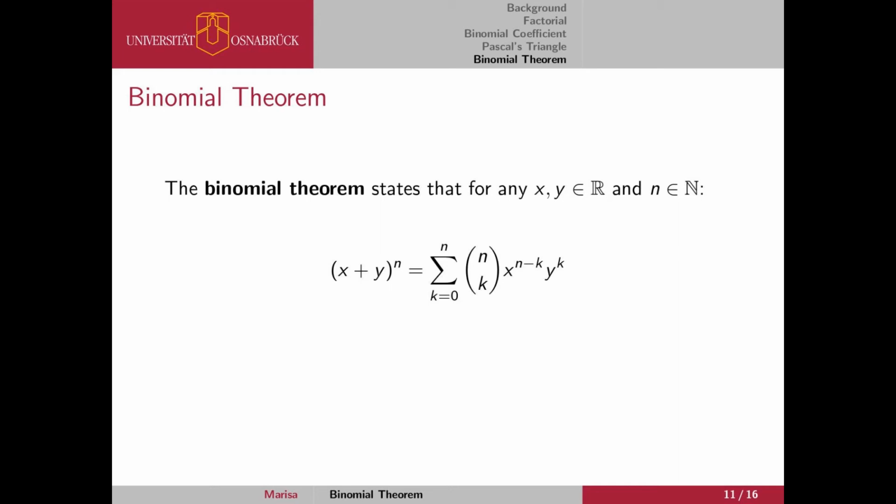Wow, this looks complicated. But it is actually the solution to what we saw in the beginning of this video. This formula describes the pattern we were looking for. Let us take a look at some examples.